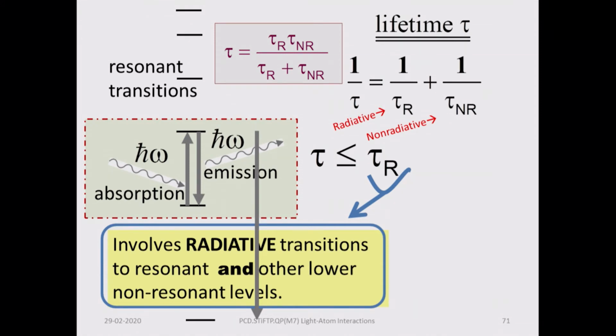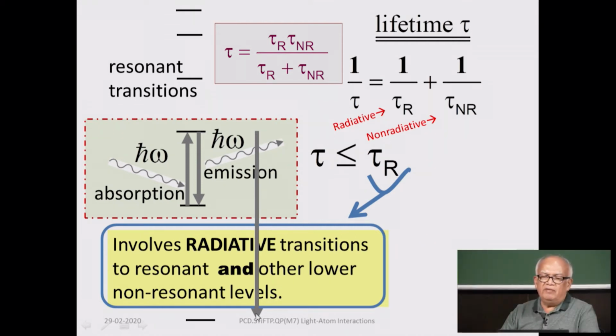So you can have transverse relaxation which will also contribute to the dephasing. Now you have these radiative and non-radiative components which I mentioned when we were discussing the previous slide, and you have this radiative decay to this level, but you can also have a radiative decay from here to a lower level which is a non-resonant level.